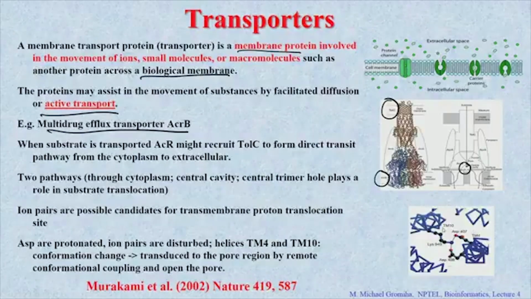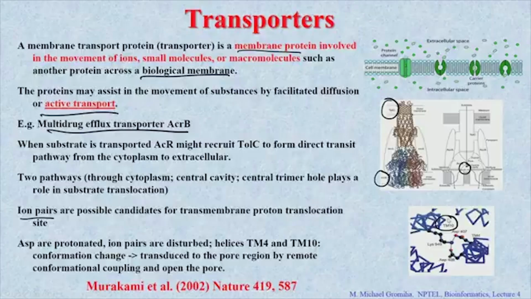During this transport, transmembrane helix 10 has residues involved in electrostatic interactions like Asp407, Lys940 and Asp408. These ion pairs are possible candidates for the translocation, and they are disturbed.